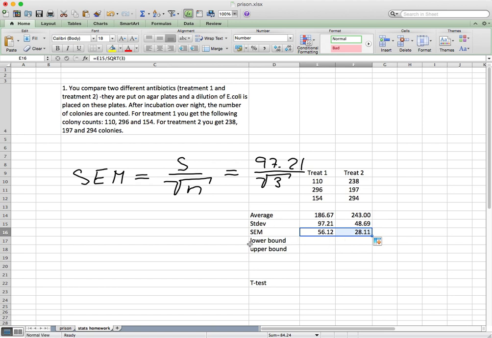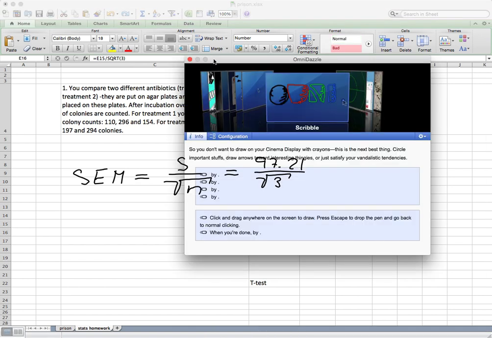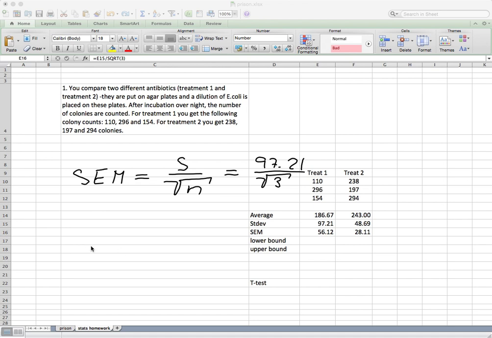Now we also want to calculate the confidence interval. Let's remind ourselves about the confidence interval. We said the confidence interval, CI, equals the average plus or minus the t factor, t times s over the square root of n.